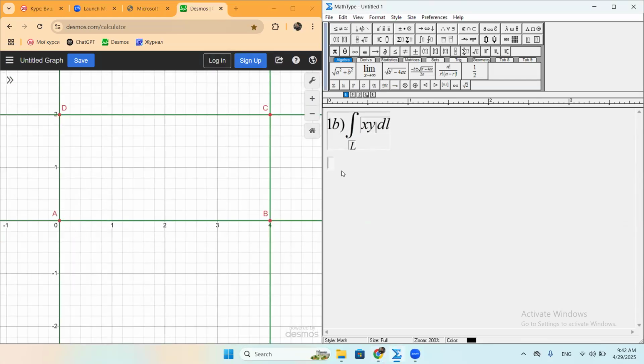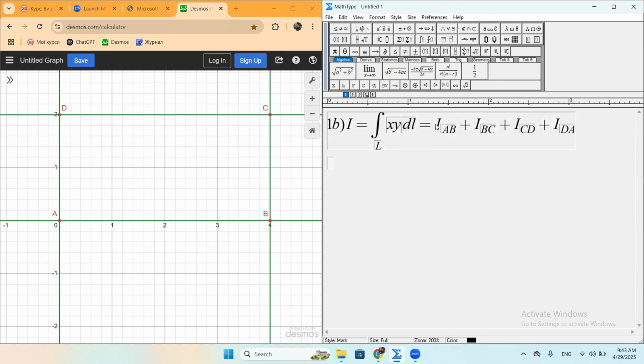So what do we have to do? Now we need to calculate line integrals on each segment separately. We will split this integral into 4 integrals: the integral along AB, the integral along BC, the integral along CD, and the integral along DA.